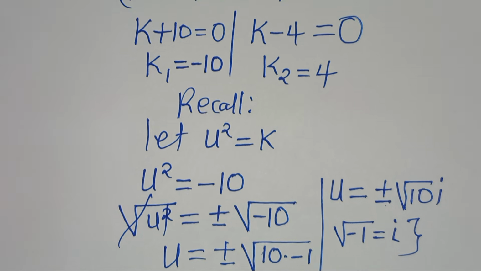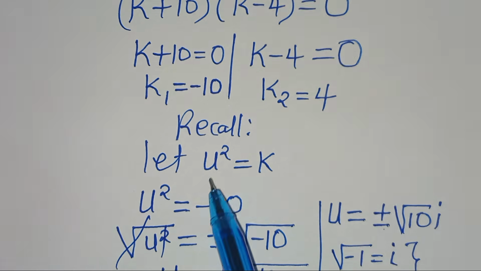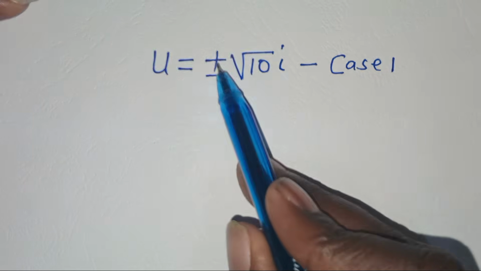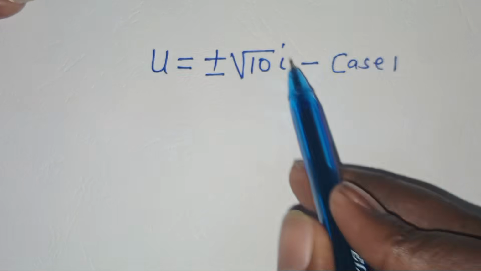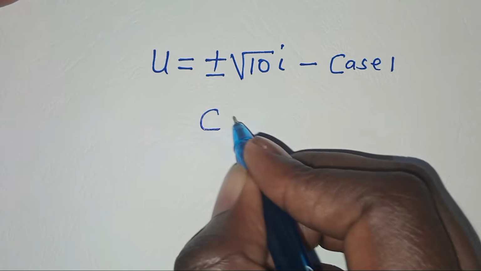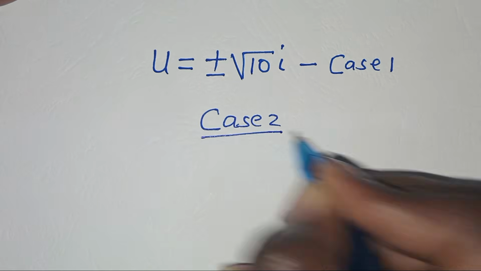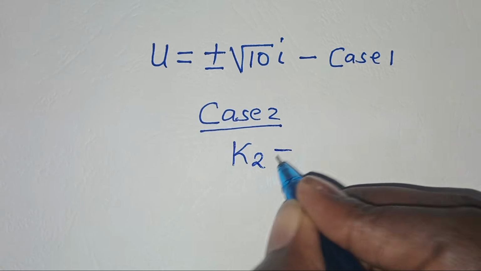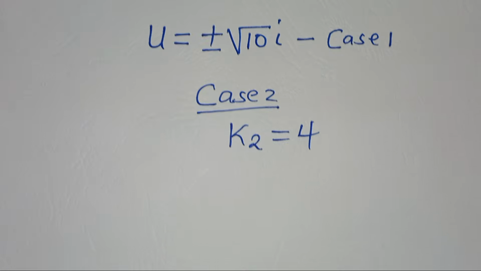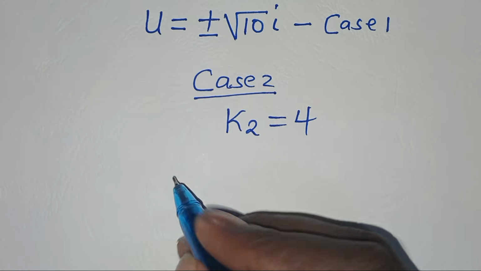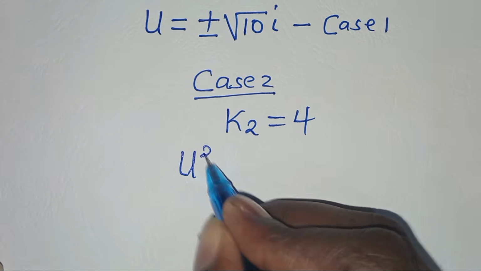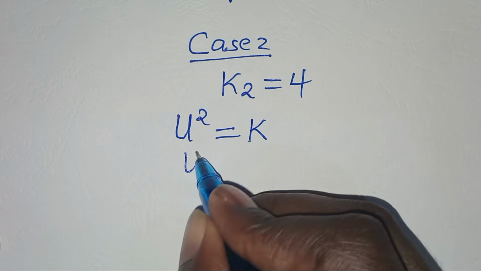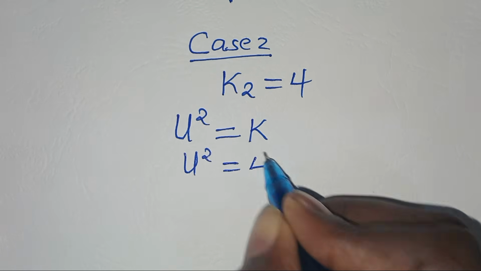Now for the first case, we have u equal to plus or minus root 10i. Now let's proceed to case 2. In case 2, we have k2 equal to 4.